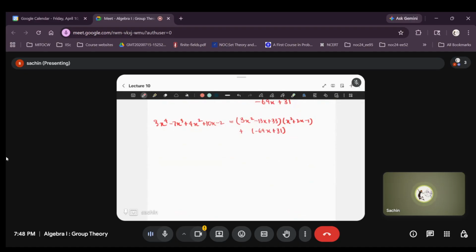Sometimes in applications, you might be dealing with fields, in which case you can always divide, because you can multiply by the inverse of the leading coefficient to get a one in the leading position.